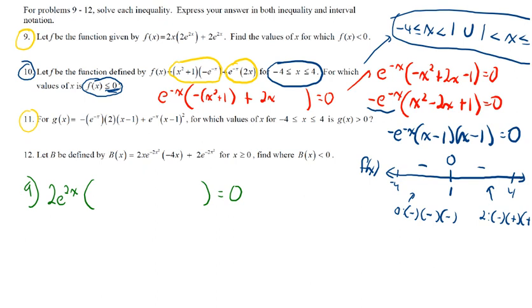It's really easy. Let's test 0. 0 is on the other side of negative 1/2. E to the 0 is positive. 2 times positive is positive. 2 times 0 plus 1 is positive. Positive. And to finish up the problem, find values of x for which the function is negative. X has to be less than negative 1/2. That's the solution set to number 9.